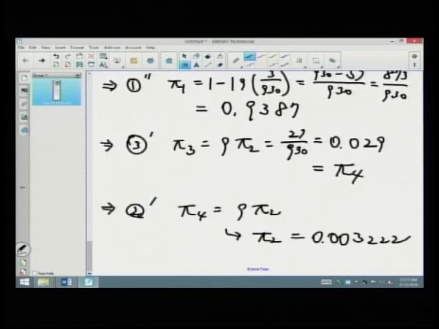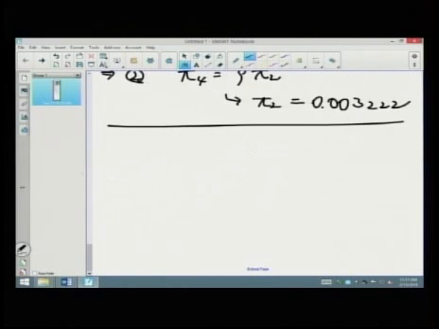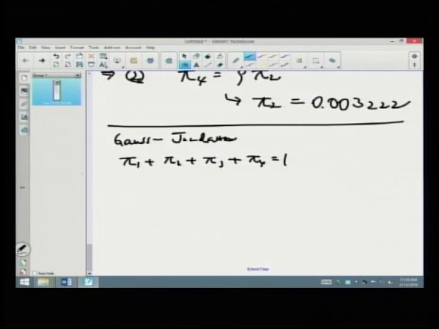So just recall your memory for the Gauss-Jordan method. We have four equations we considered, right?